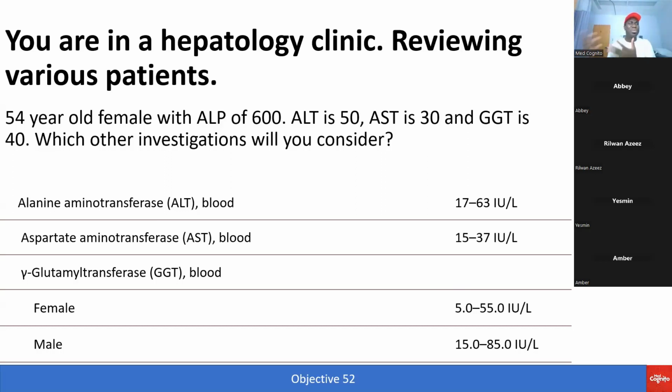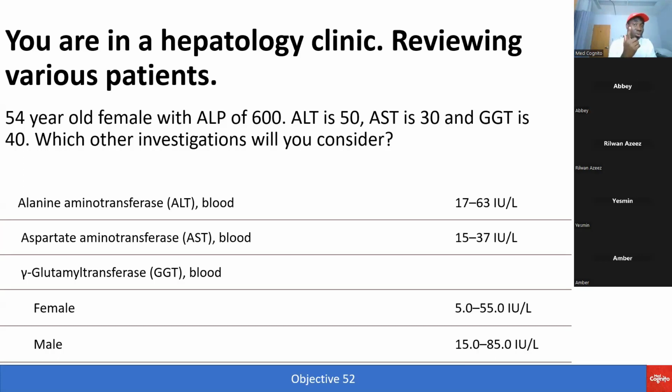Now, most of the time, you won't get a patient whose ALP is just high and the rest are normal. So this is not likely a liver disease. This is not likely a cholestatic disease, because with cholestasis you must also get an abnormality in GGT levels, right?